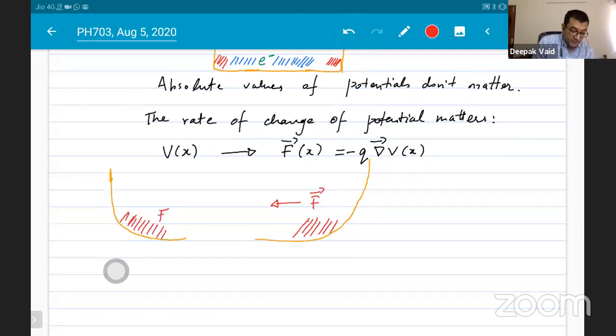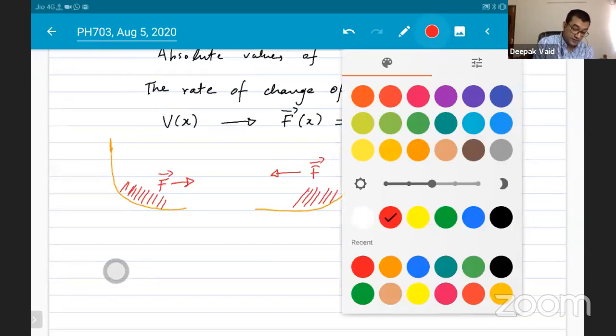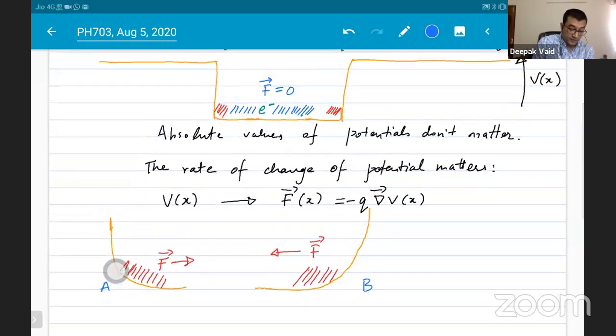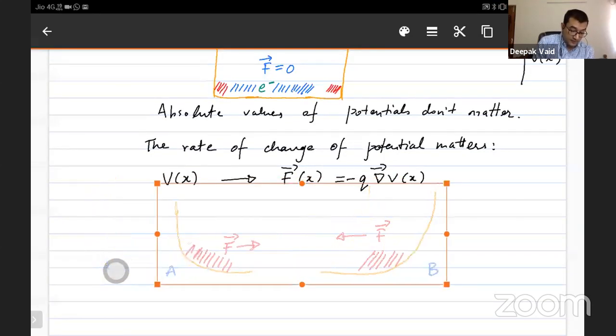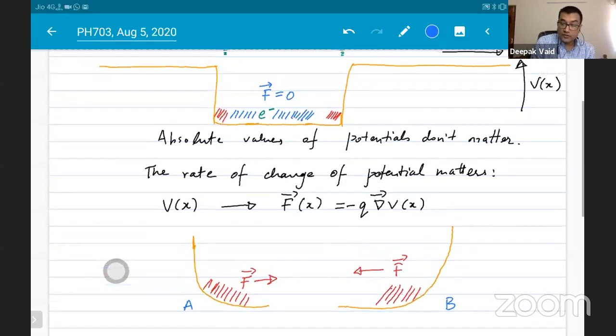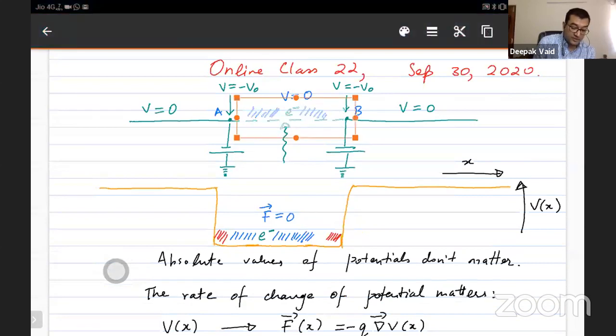Because now the potential is changing, and the force will tend to push the electron away from this point. So this is point A and point B, to make contact with our picture over here. So the electron effectively is trapped within this one-dimensional region, right?